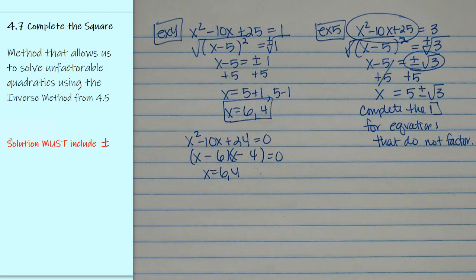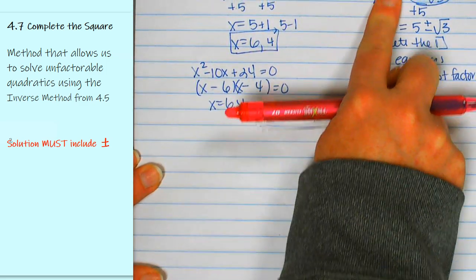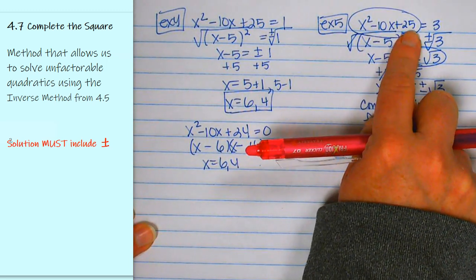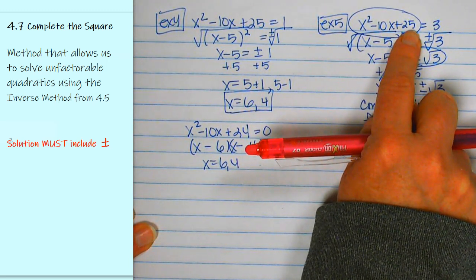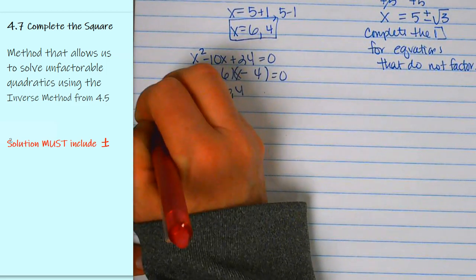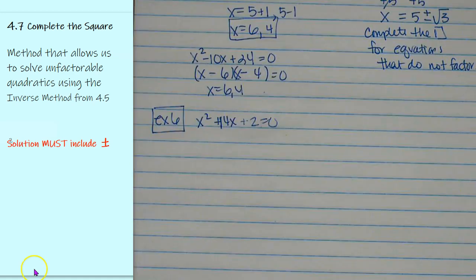So what we need to do in example 6 is figure out how to set it up so that it is ready to go. So this is the part that's to complete the square. This was ready, oops. This is complete. It has a B and it has a C, that is the square. Let's look here at example 6. I've got x squared plus 14x plus 2 equals 0.